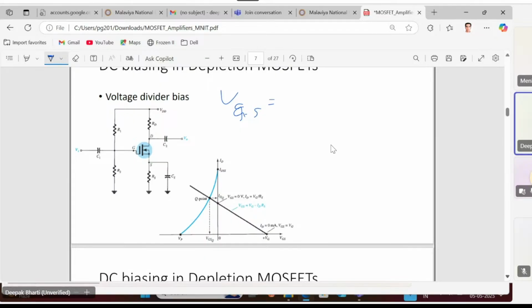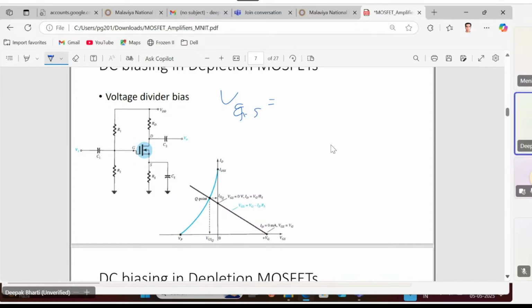VGS equal to VG minus VS. For VG, again we know that no current passes through the gate terminal, so whatever is the voltage across R2 will be the voltage at the gate.